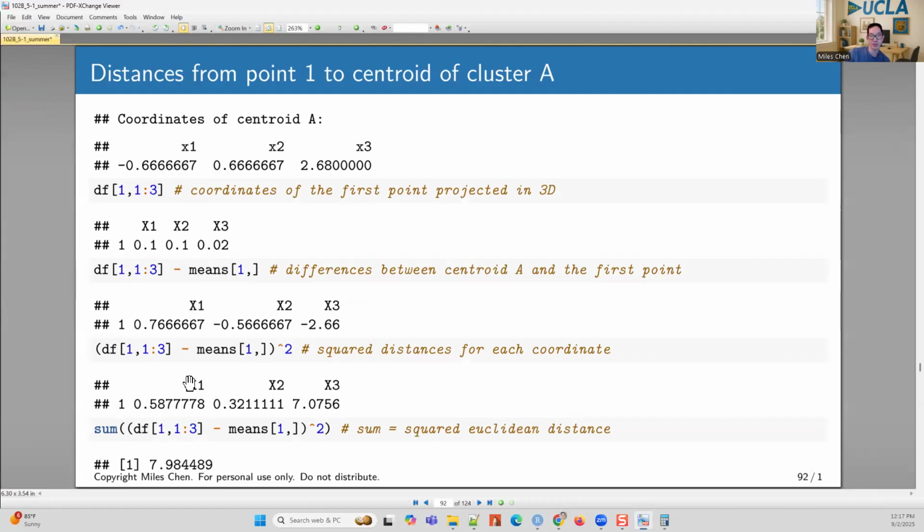And we squared those differences and we added them up, right? We did 0.1 minus negative 0.67. We got positive 0.76, and you square that and you add them up. So 0.76 squared is 0.58, negative 0.56 squared is 0.32, and negative 2.66 squared is 7.07. You add them up and you get 7.98.